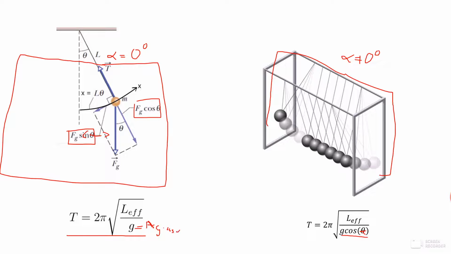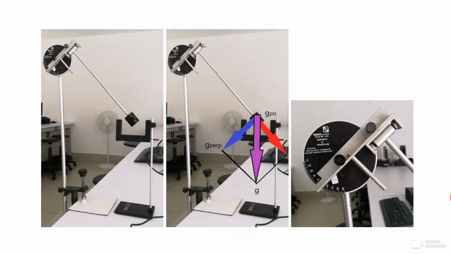But as here alpha is 0, cosine of alpha is exactly 1, so we can just use g. But when it's not parallel, we cannot simply eliminate cosine of alpha. Here we have to replace it in the formula. Now, from now on, we will talk about alpha as if it was theta.